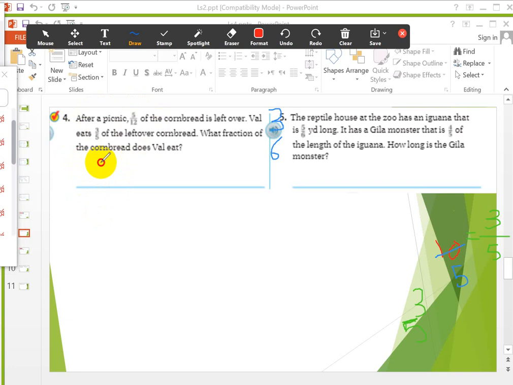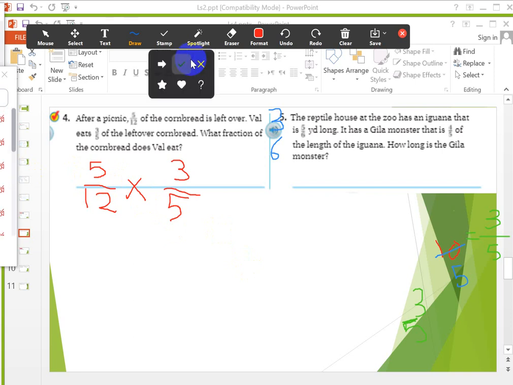So I have to multiply 5 over 12 with 3 over 5. Okay. Now let's start, Al-Jawhara. Between the 5 in the numerator of the first fraction and the denominator in the second one, is there a greatest common factor for 5 and 5? Yeah. What is the greatest common factor?